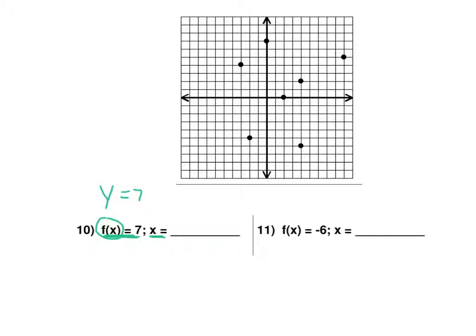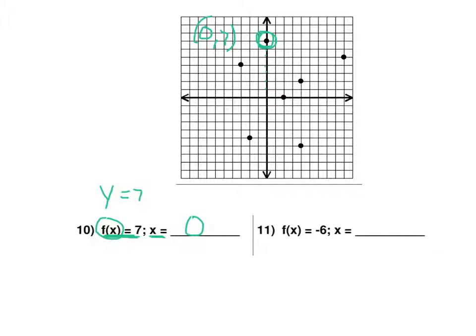So if y is 7, then what is your x value? So let's go where y is 7. If we go up 1, 2, 3, 4, 5, 6, 7, this is where y is 7. So if y is 7, then what is the x value there? In other words, the ordered pair is 0, 7. So if y is 7, that means x is 0.